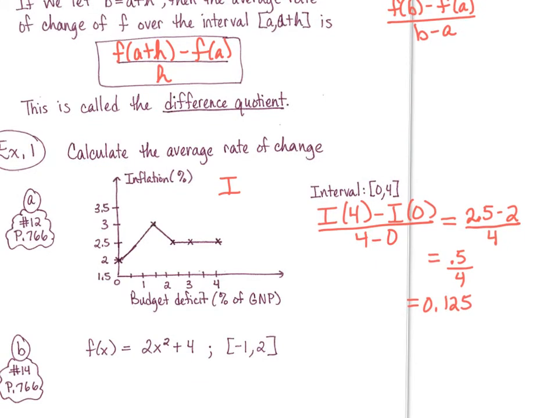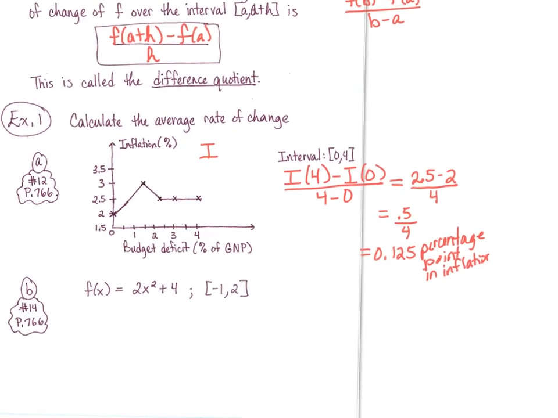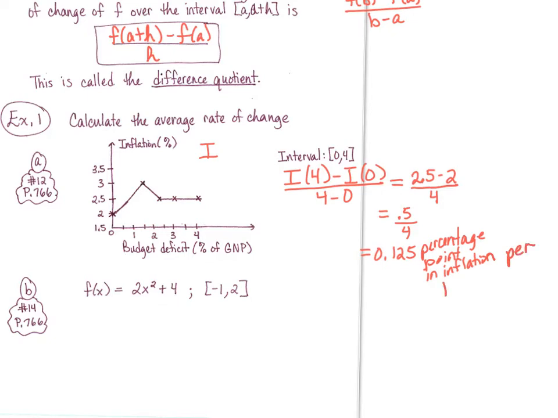So that would be a 0.125 percentage point in inflation per 1% point increase in the deficit. Okay?